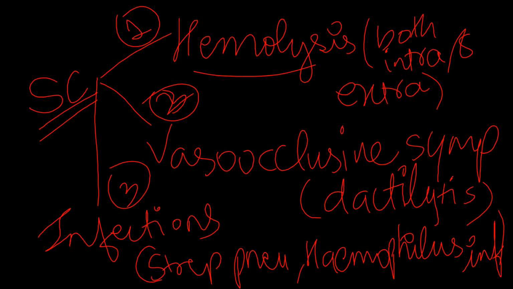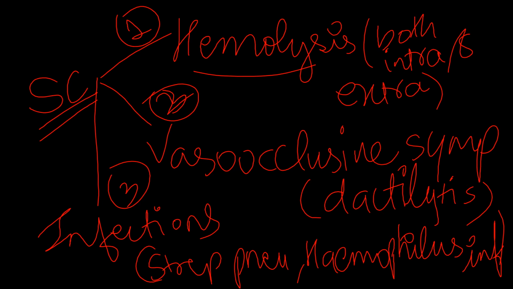Dactylitis is common in patients with sickle cell disease during the first few years of life, as the affected bones still contain hematopoietic bone marrow. In other children and adults, vascular occlusion leads to pain crises like acute chest syndrome, leg ulceration, priapism, autosplenectomy, and stroke.